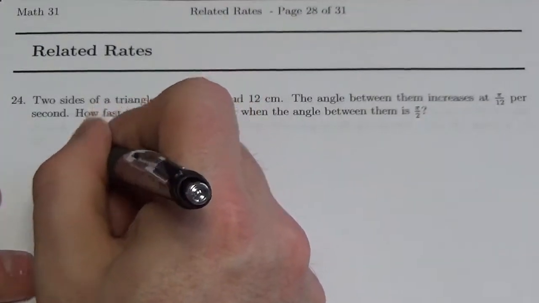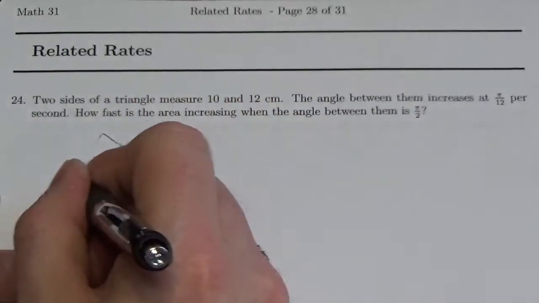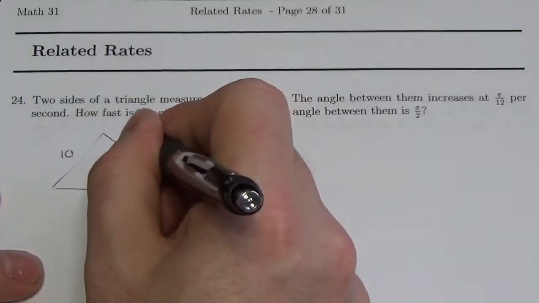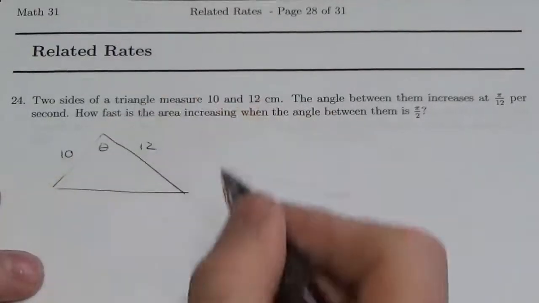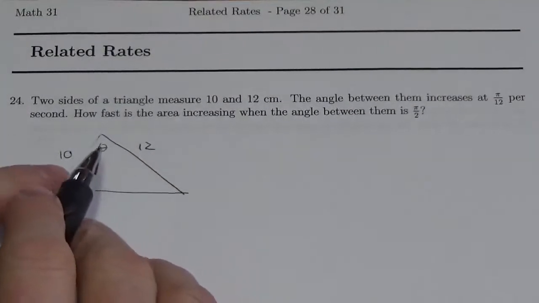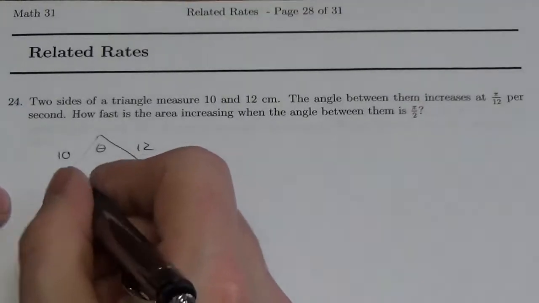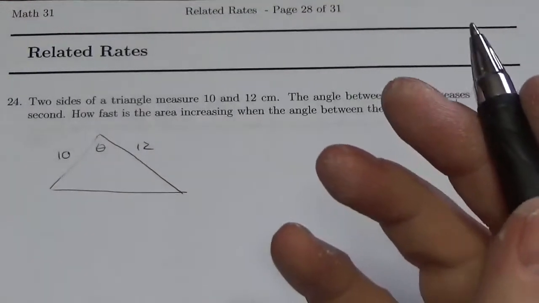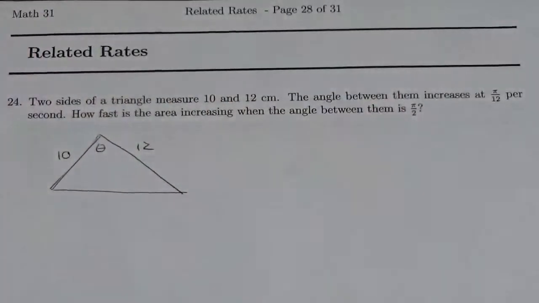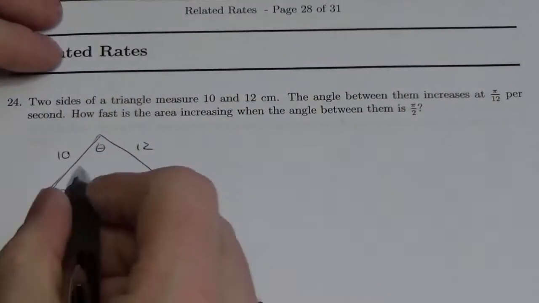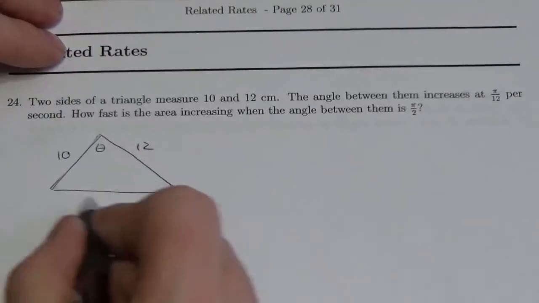They'll draw the triangle like this. They go 10 and 12. The angle between them, so we've got this theta between them. It's getting larger. So we want to know what the area is. The problem with this diagram is that it doesn't lead nicely to a solution, because I'm asking for the area and I don't know the base.